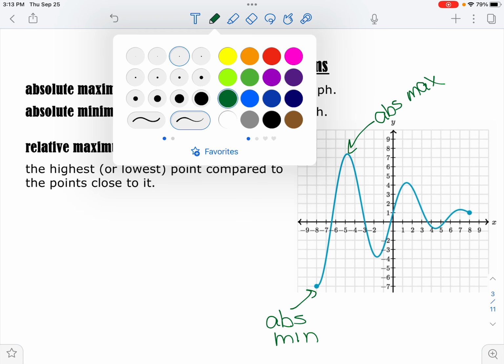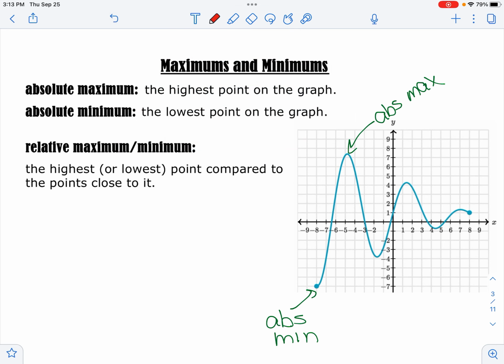So I'm going to do this in red. We do have here a couple of relative maximums. This would be a relative maximum, because in relation to the points next to it, like right here, right? In relation to the points in this area and this area, right next to it, it is the highest point.